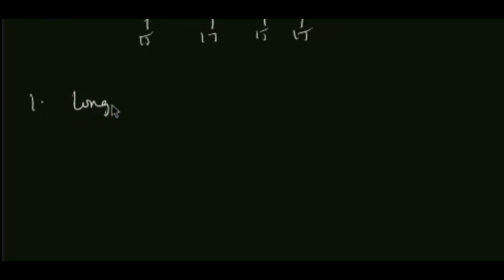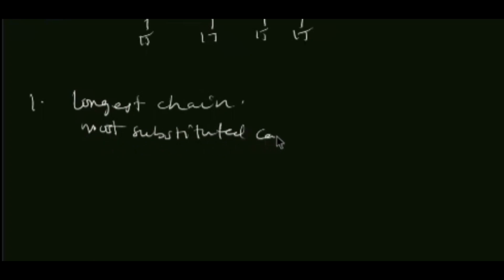So it should be the longest chain, and once you have 2 or more long chains being equal in the number of carbons, you then consider the most substituted carbon, meaning that the carbon which has substituents, that branch is what will be taken as the longest chain.